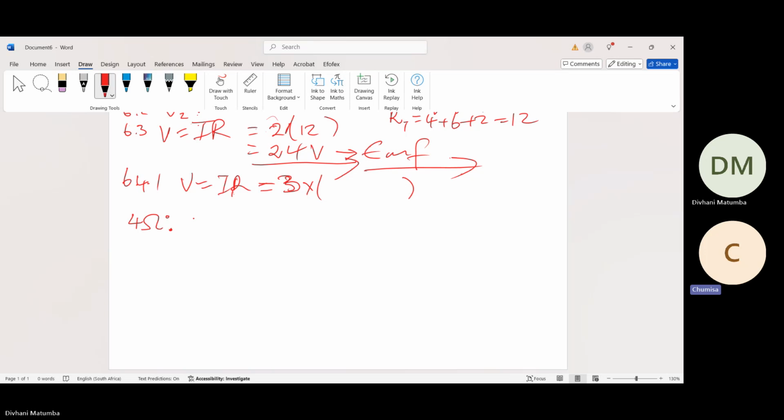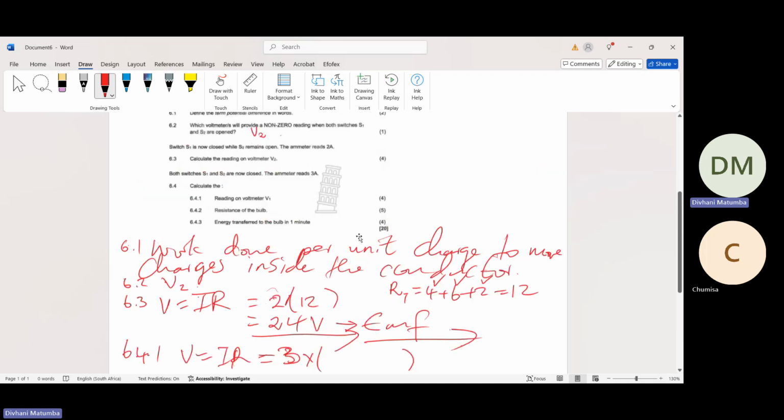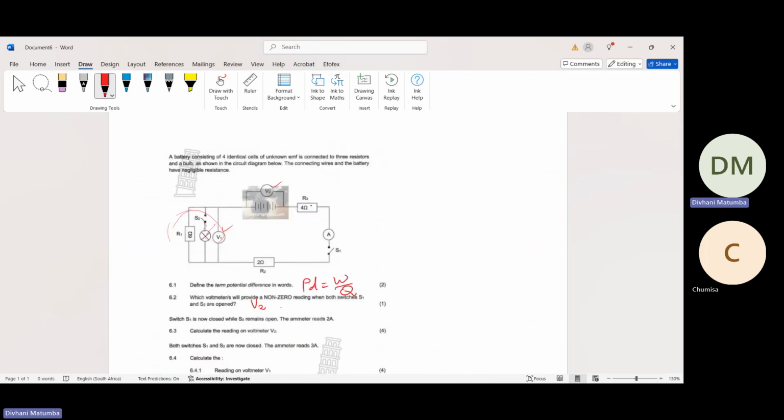It will use 4 ohms. It will have a 4 ohm resistor.